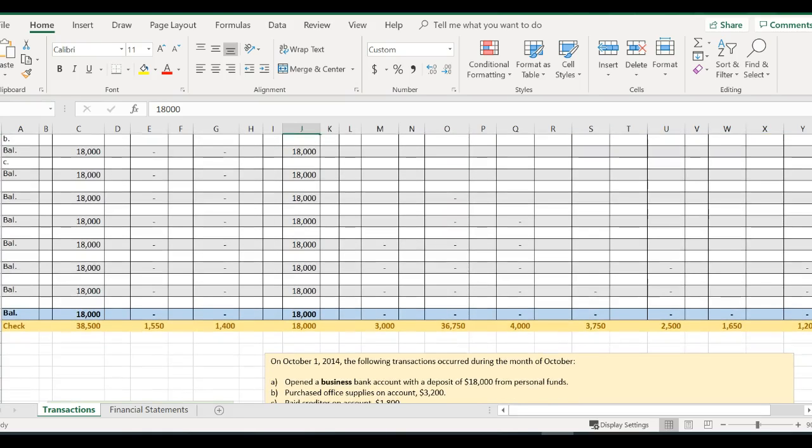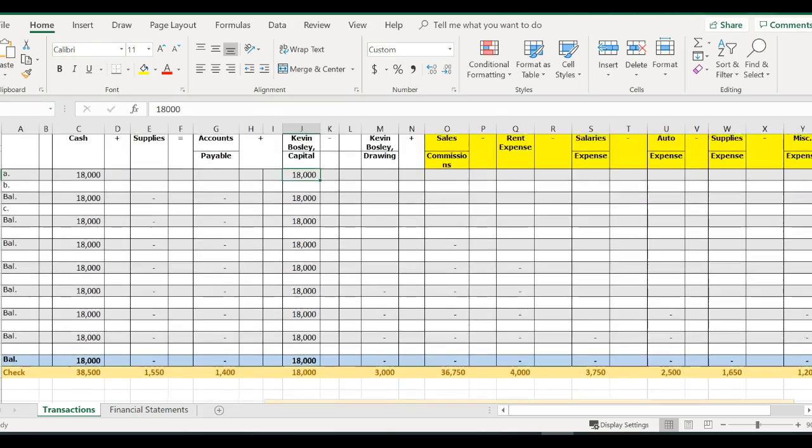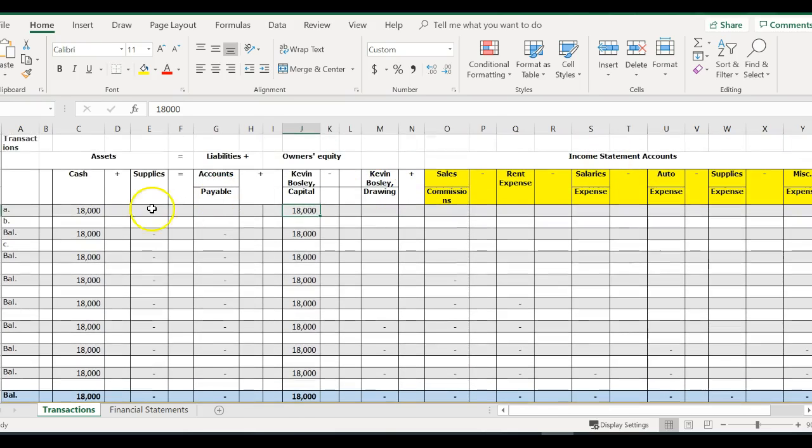So the next one, that's A. B, I purchase office equipment, or office supplies, sorry. Now this one's a little bit different because this is B, right here. This is going to become a negative 3,200. And if you move outside of that cell, it'll automatically calculate.